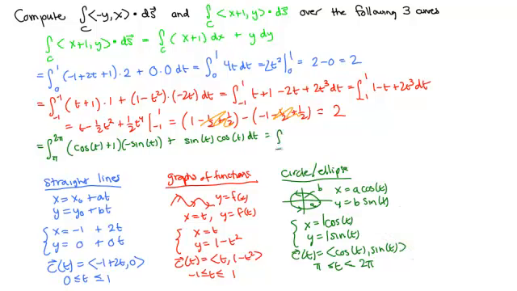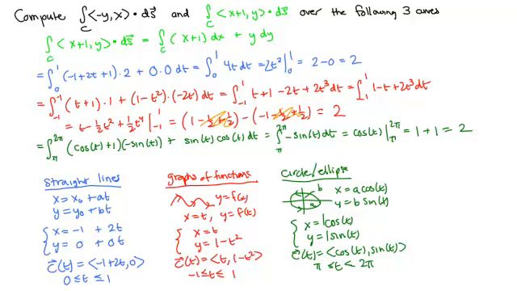So this will become the integral from pi to 2 pi of negative sine of t cosine of t minus the sine of t plus the sine of t cosine of t dt. Well, notice that these two terms cancel. And so we're really just left with the integral of negative sine of t dt. But that's exactly cosine of t evaluated from pi to 2 pi. And so we get 2.